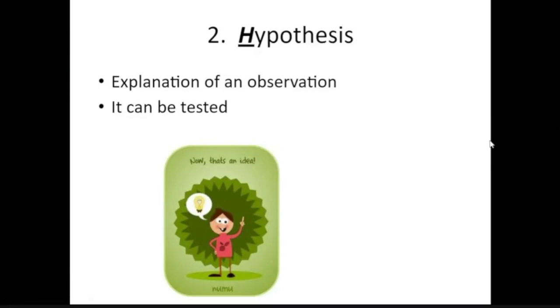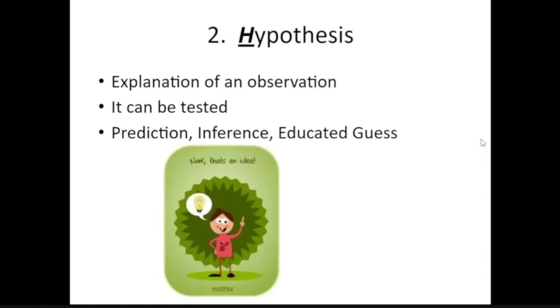Lots of times we have answers or thoughts in our heads that we try to use to answer a question. It's only called a hypothesis if you can test it in some way. So if it's an opinion, you can't really test that.